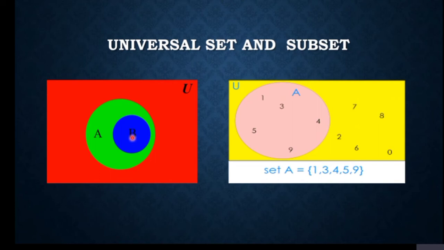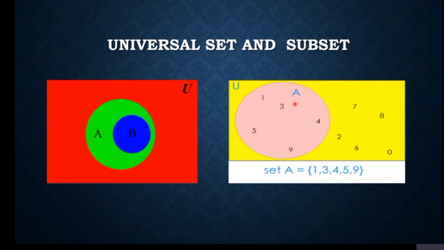Here B is inside the set A, and A and B are inside the set U. So here B is a subset of A and A is a subset of U. Here U is the universal set. All the sets under consideration will be subsets of U. That fixed set U is called a universal set. It is denoted by U.